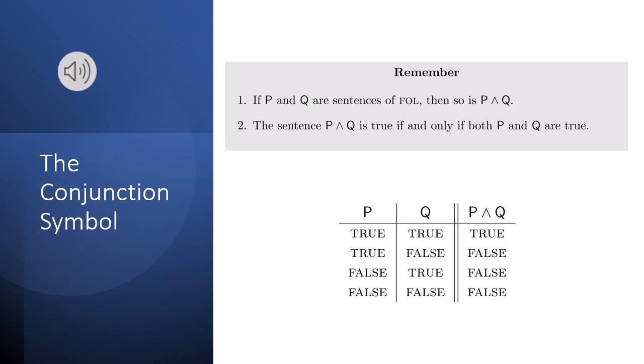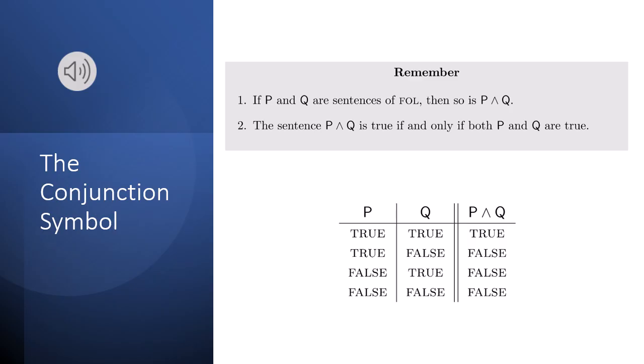The next logical symbol, truth functional connective that we'd like to introduce is conjunction. Conjunction is represented by this upside down V symbol. Again, it's a recursive definition. This time, the conjunction is a lot like a two-arity predicate, and so it'll need two sentences as its input.